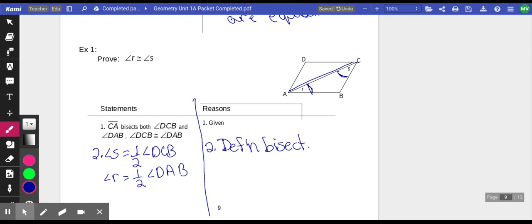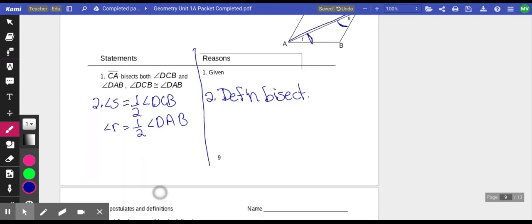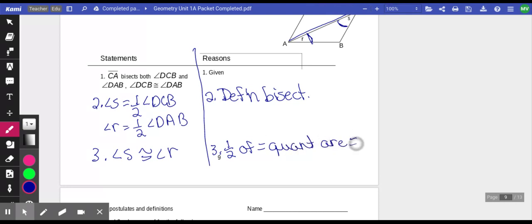Now that we did definition of bisect, we also know that the two big angles are equal. So if I know the two big angles are equal, I can say angle S is congruent to angle R, and that's because halves of equal quantities are equal.